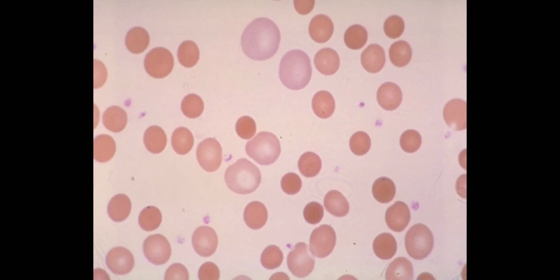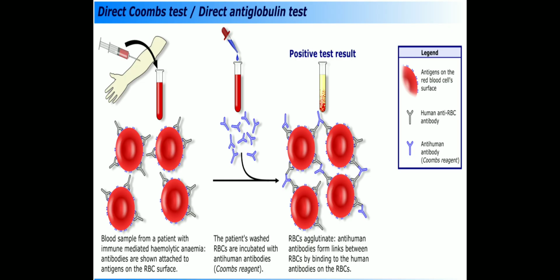Now in this smear you can see multiple small spherocytes, microspherocytes, with a very dark red color compared to the normal RBCs, and plenty of polychromatic cells are also there. So this can be one picture you can see in autoimmune hemolysis.